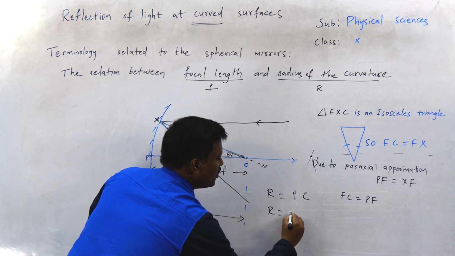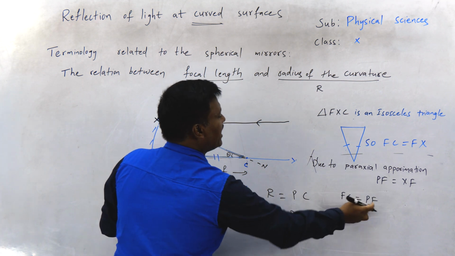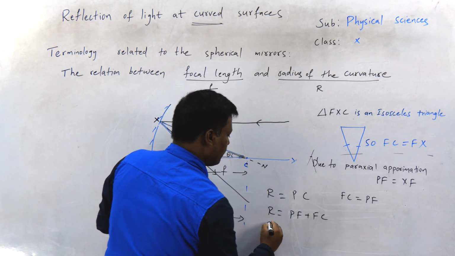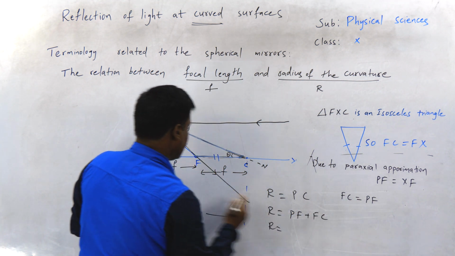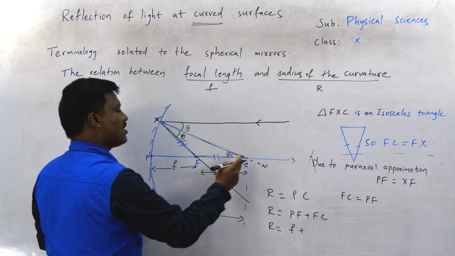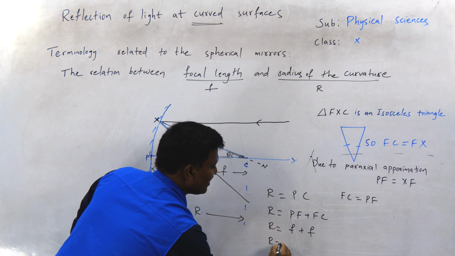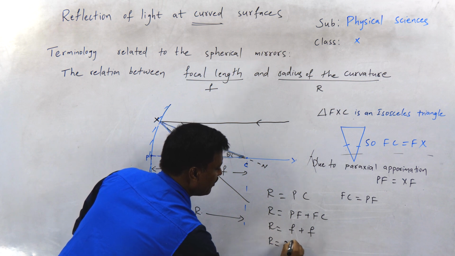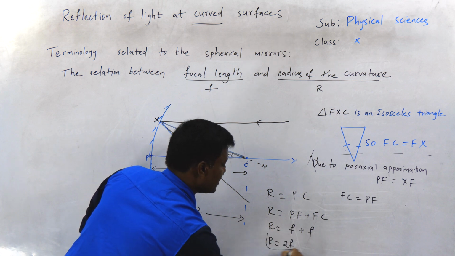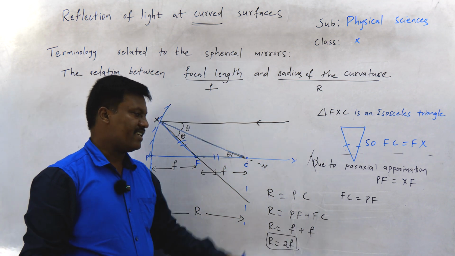Since R is equal to PF plus FC, both are equal. That is why the distance between pole and focus is called focal length, and the distance between focus and center of curvature is also focal length. Then R is equal to F plus F, 2F. This gives the relation between focal length and radius of curvature.